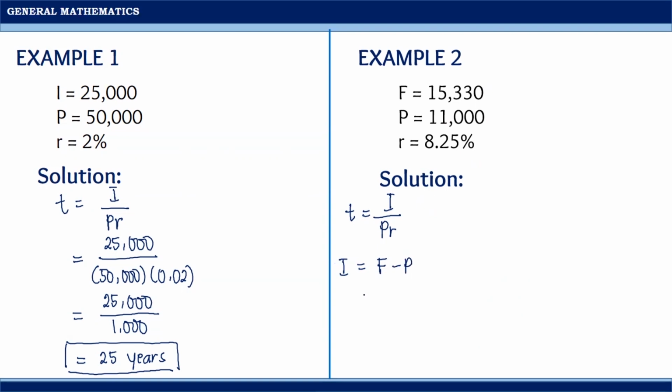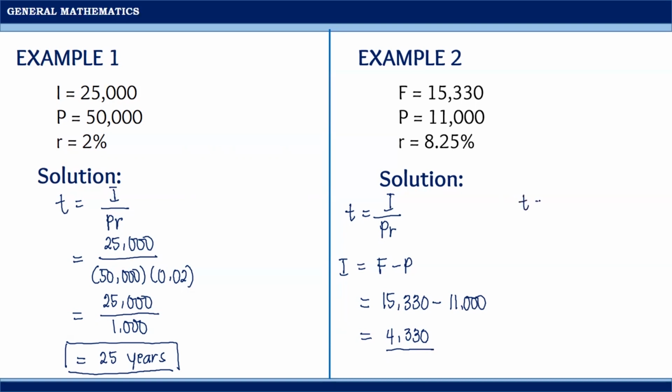Therefore, solving first for the value of I, we're gonna have 15,330 minus 11,000. Therefore, the interest is equal to 4,330. We can now use the value of I, which is 4,330, in solving for the value of t.